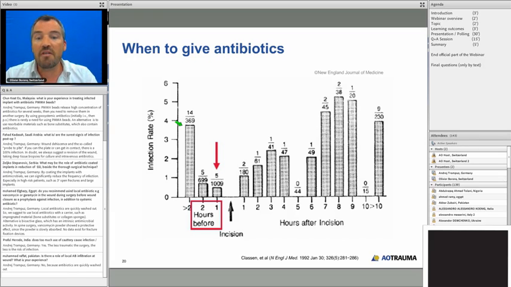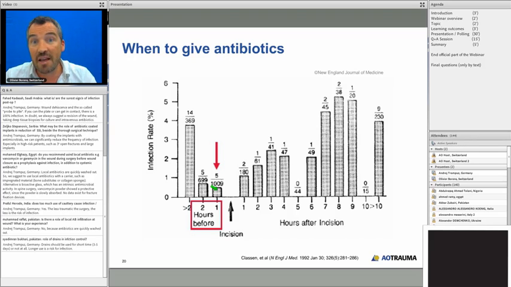If you give it 1 hour to 30 minutes before the operation, that's for the cephalosporins, this is probably the perfect moment. If you have to give vancomycin, you should give it at 1 hour before the incision, because the infusion time is just longer than with the cephalosporins.